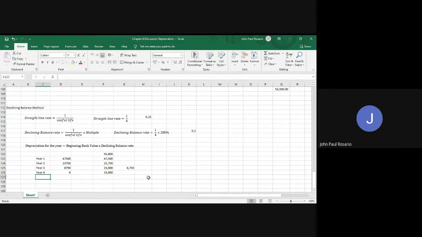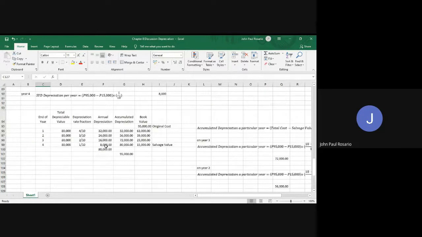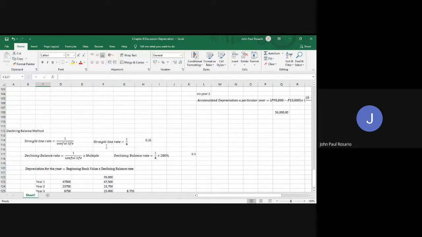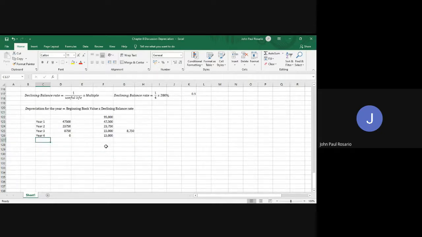Para ma-maintain mo ang 15,000. Now, if you will ask me, sir, is that okay? Is that possible? Yes, it is okay, and yes, it is possible. The thing with declining balance method and SYD, as you can also see, guys, is that the depreciation expense gets smaller over time. Because declining balance and SYD recognize that in the earlier years of the life of the asset, it is more productive, and as it ages, that productiveness decreases.